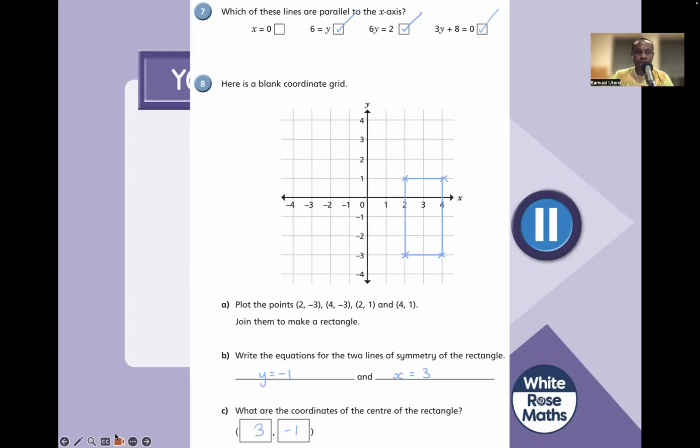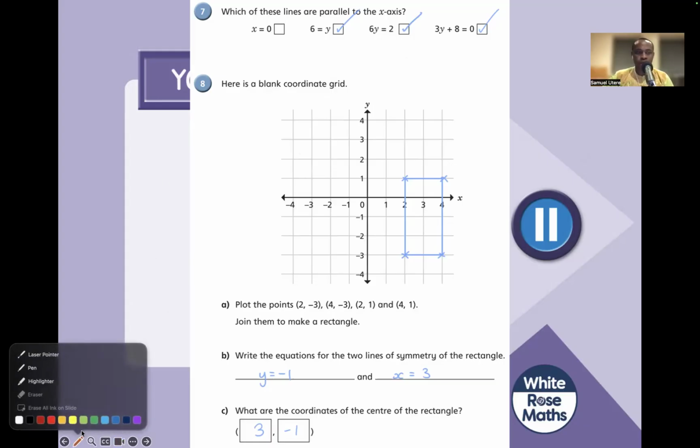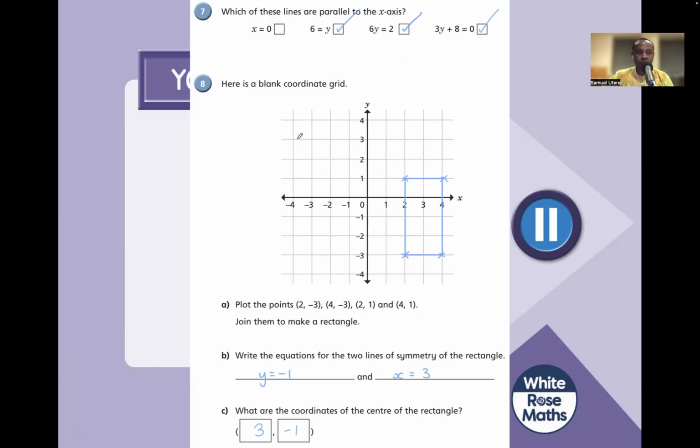So y will be equal to 2/6. It doesn't matter even if the answer is a fraction, that will be 1/3, of course. If the value of y will always be 1/3, it means the line has to be horizontal, so which will be parallel to the x-axis.